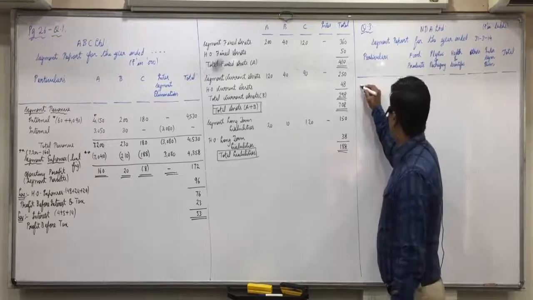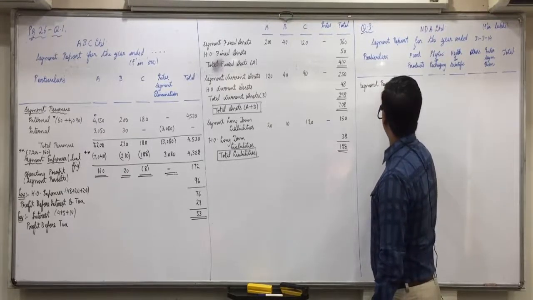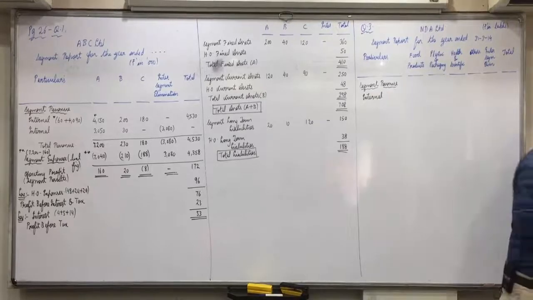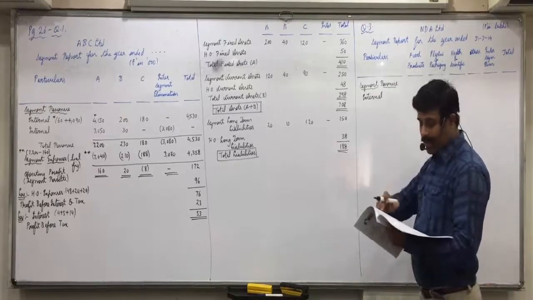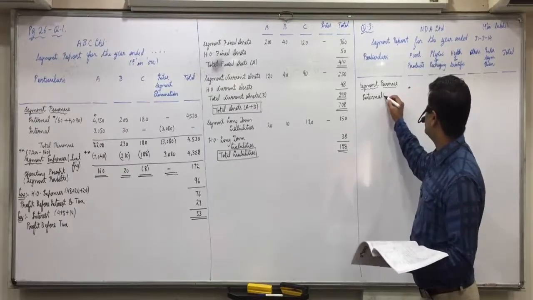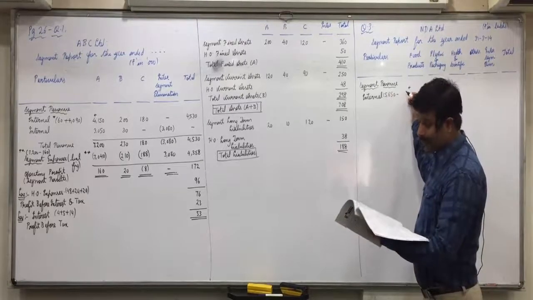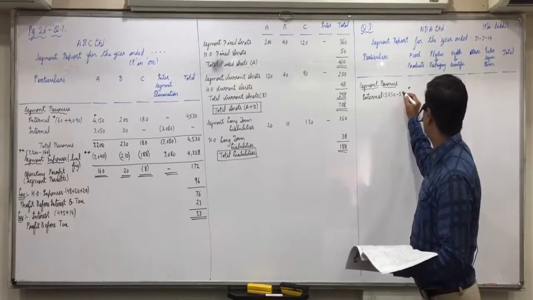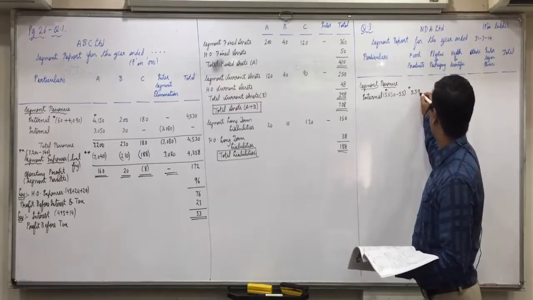Shalini, how will you start? All of you write down segment revenue, external. Yes, as we discussed, 5650 is the total. Out of that, adjustment 55 is internal. One calculation you can show: 5650 minus 55 internal, so external would be 5595.